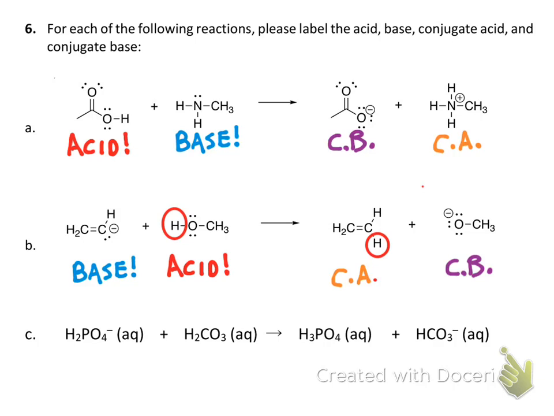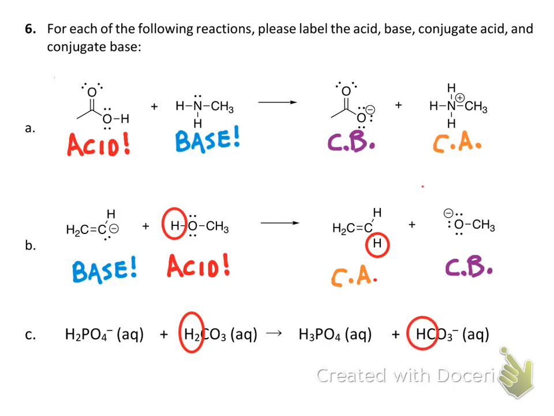Okay, we've got one more example. Those two involved structures. This last one involves written out molecules. So once again, we're looking for where the hydrogen's going. Between these two molecules, let's see. This molecule here had two hydrogens, H2CO3, carbonic acid, but then it gave one of them up to become bicarbonate.